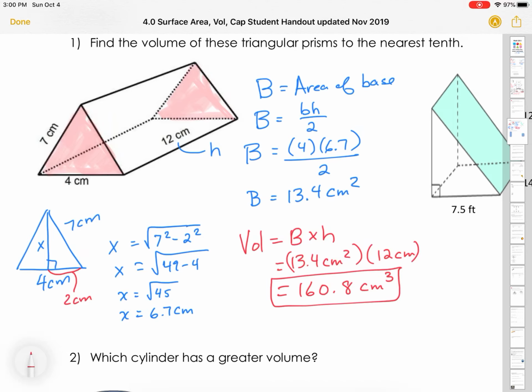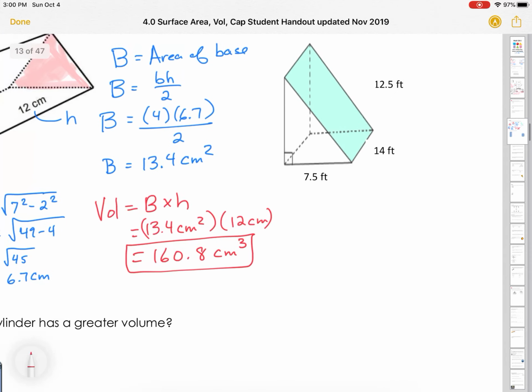Okay, so find the area of the base. If it's a triangular prism, then the base is going to be the triangle, and the height will be that length of the prism. So looking at this one, that means that this triangle is our base.